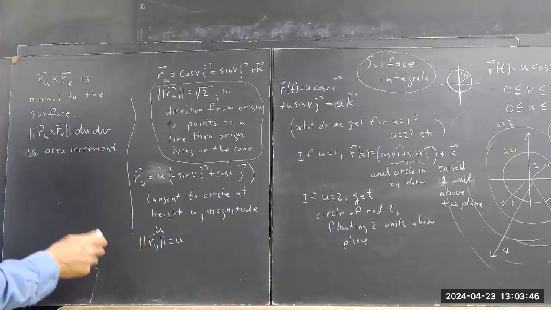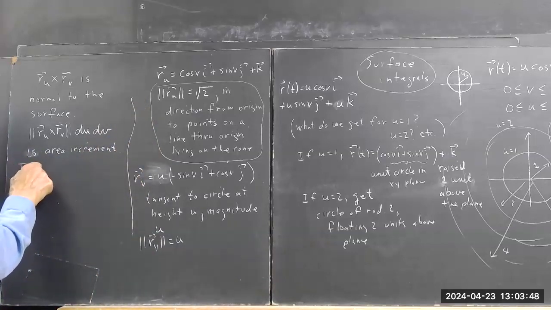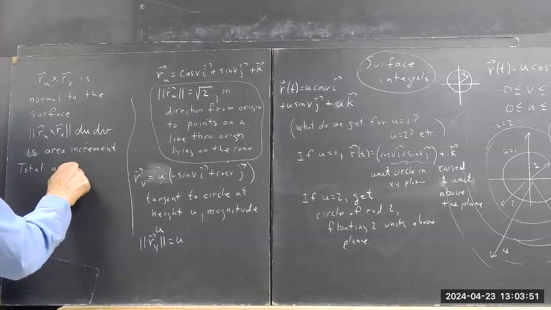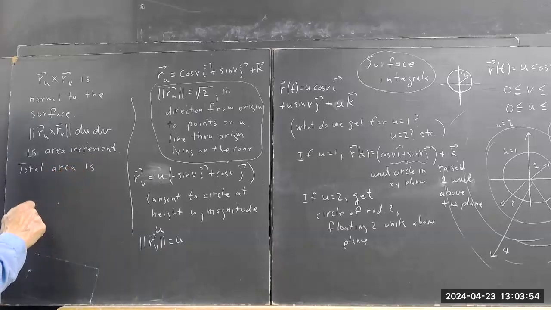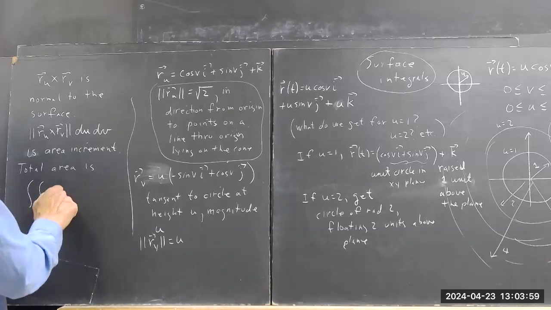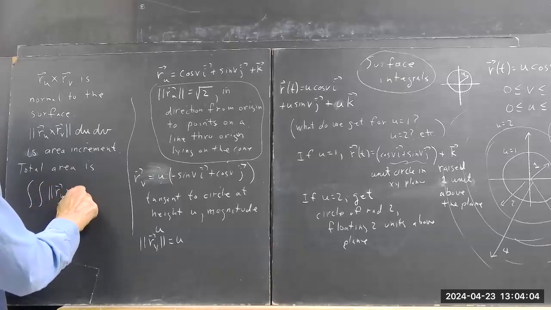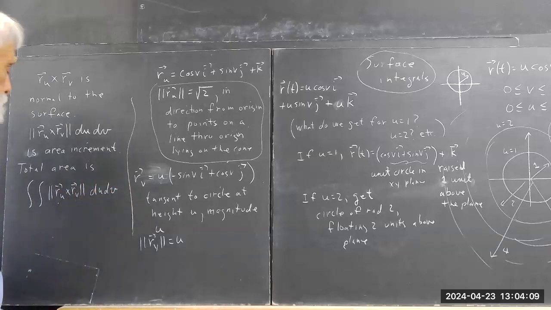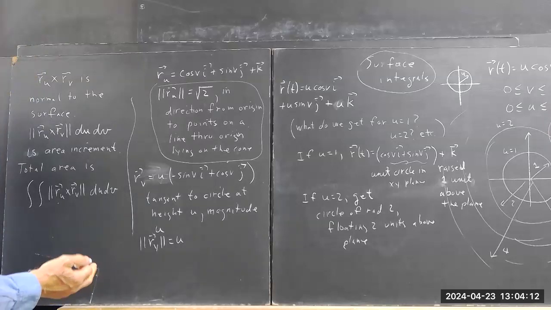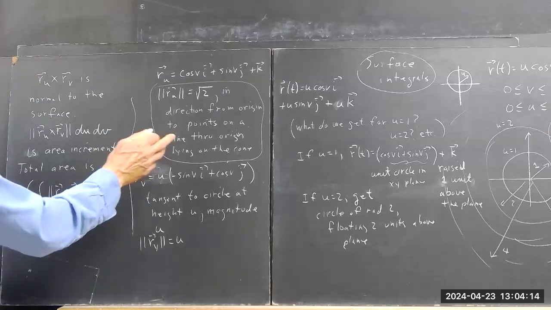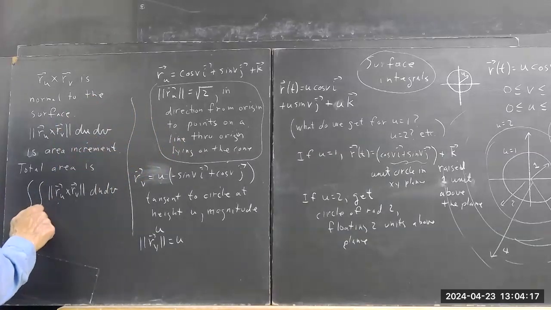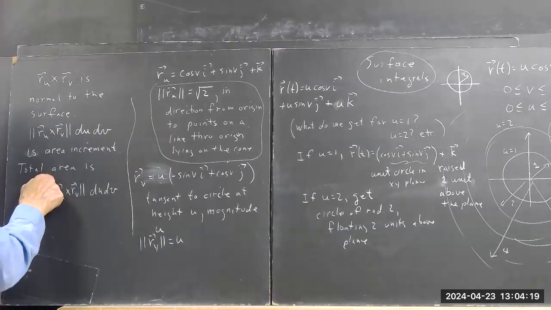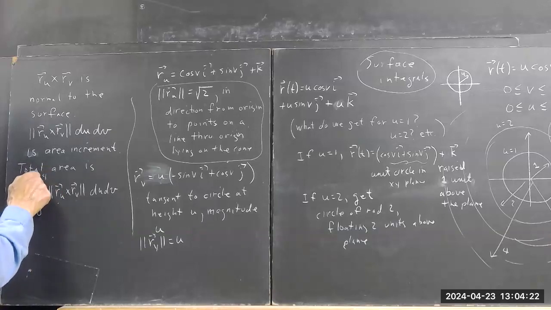I'll come back to this, but the total area is a double integral, dU dV. U goes from 0 to 4. V goes from 0 to 2 pi.